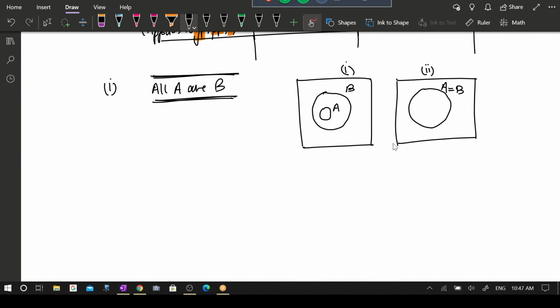Exactly what does all A are B mean? That set A is a subset of set B. This is the exact meaning.